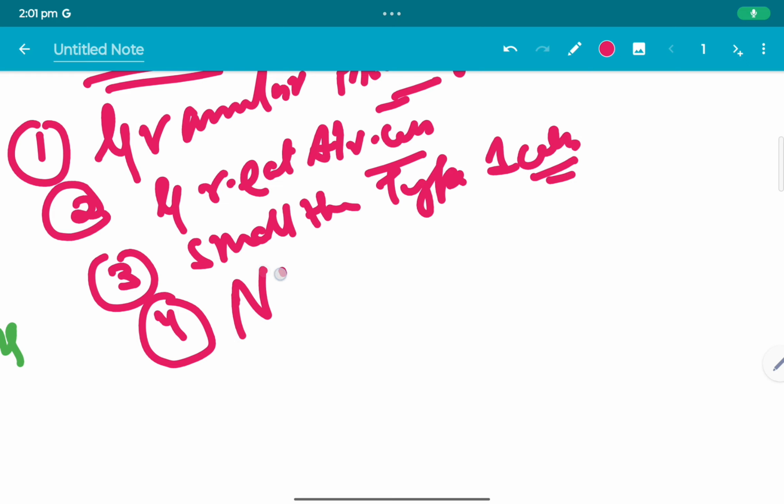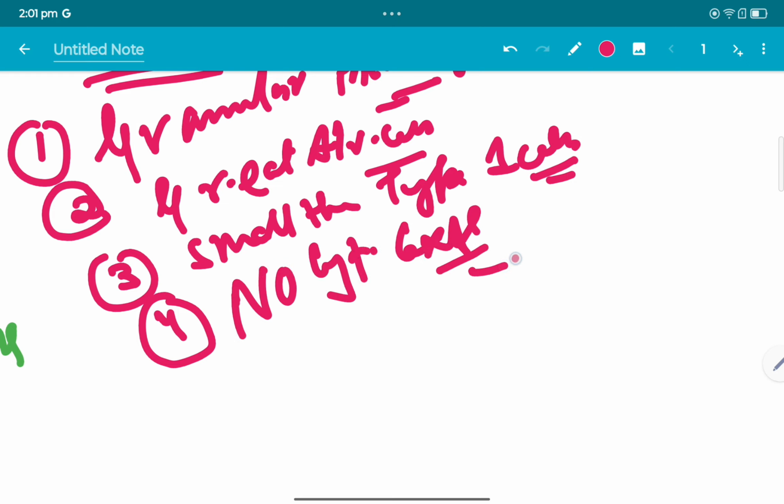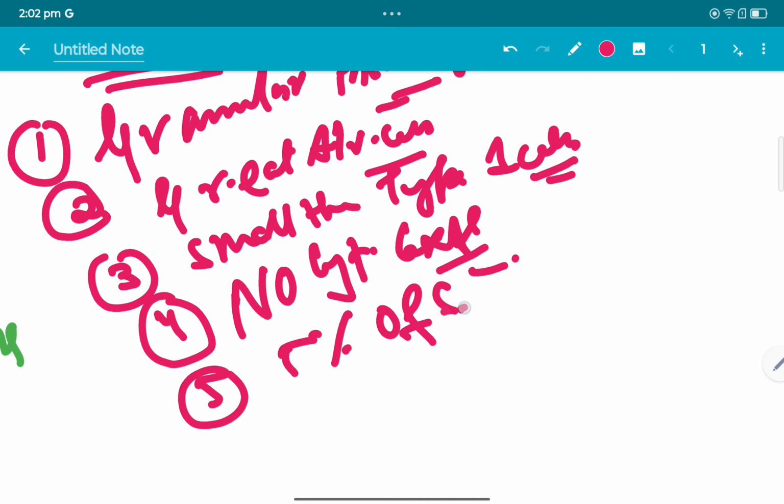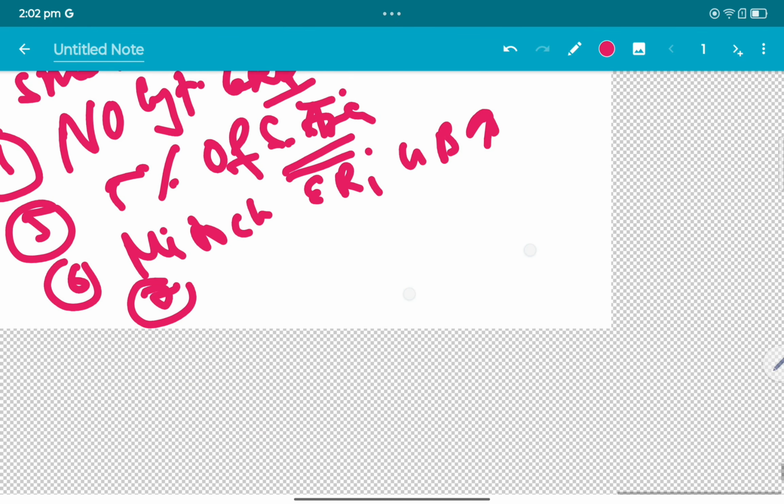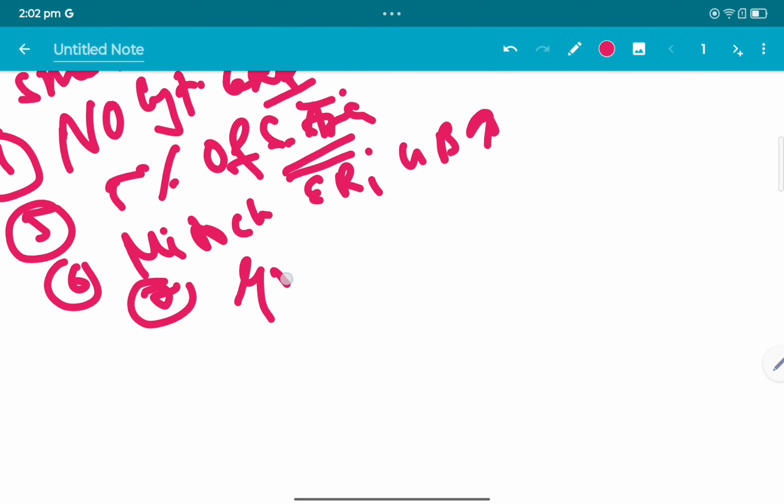They have no cytoplasmic extension and they cover 5% of the surface area. They are rich in mitochondria, endoplasmic reticulum, and Golgi bodies, which are more in number. That's why they are called granular pneumocytes.